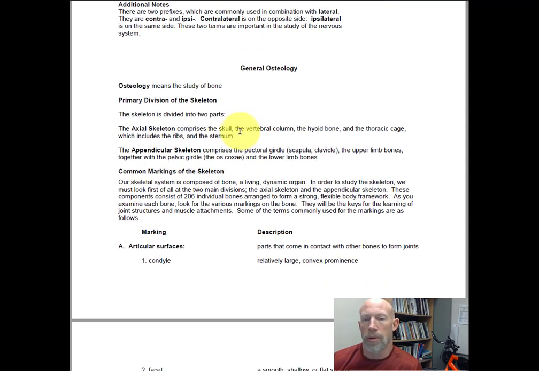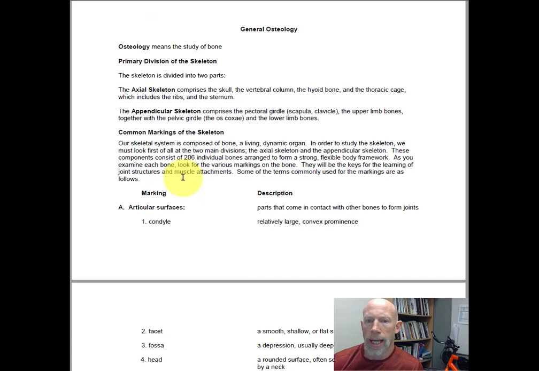As we're going through the lab, there are different ways of dividing up the body, but one of the ways, when it comes to the skeletal system at least, is to divide it into appendicular and axial. We're going to be using that approach. We're going to start off with the appendicular skeleton, and then we'll get to the axial skeleton after that.